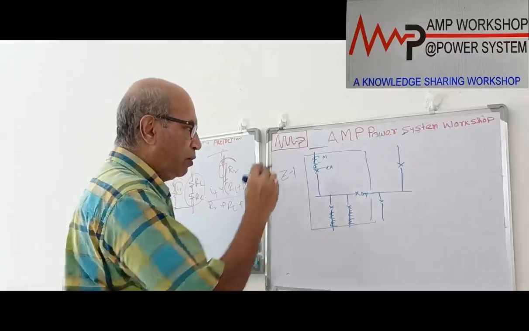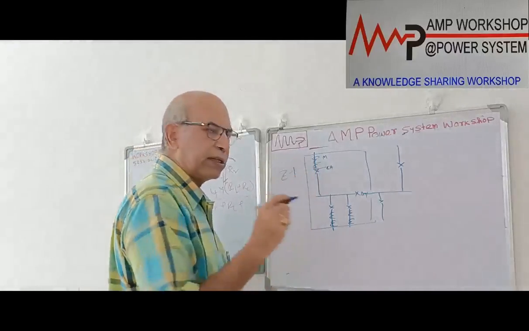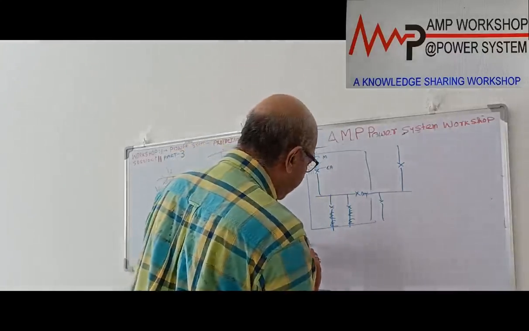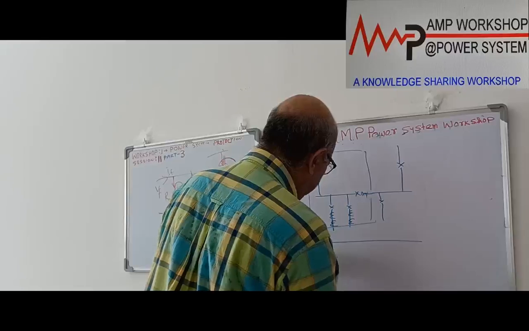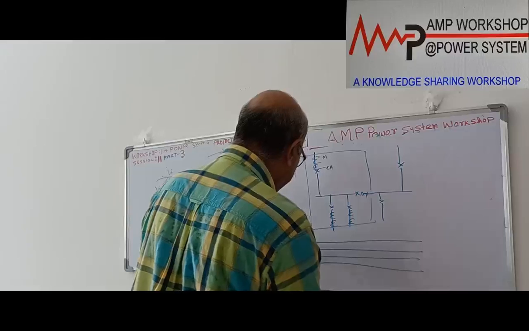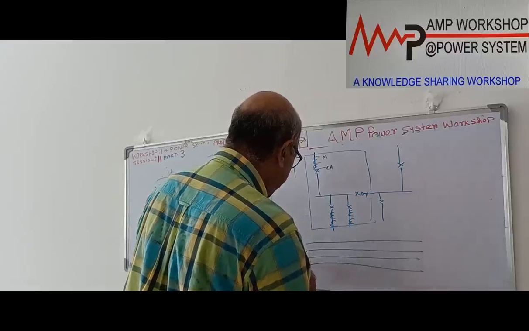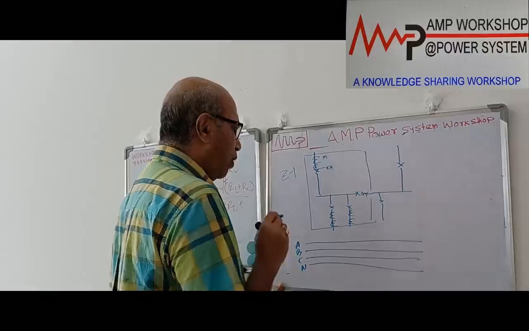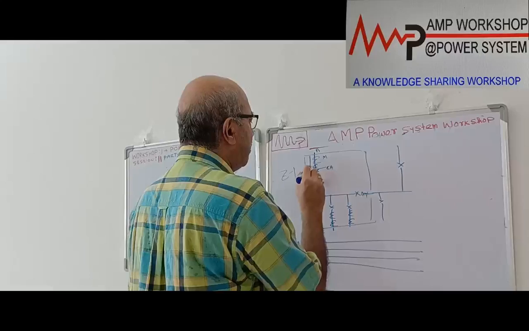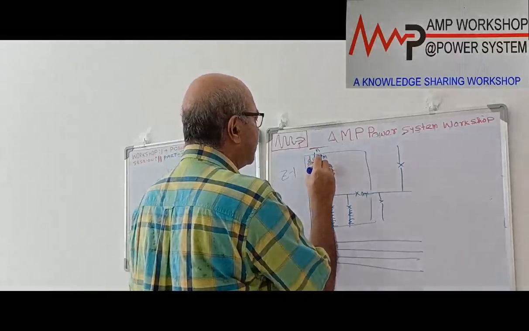Now when we go for the relay, each protection has one separate relay. So here we can do one thing. I am drawing a CT bus. Suppose this is the CT bus for the main protection. This is the A bus, B bus, C bus, and this is the neutral bus. This CT, suppose it is B phase, so there will be A phase over here and C phase over here.